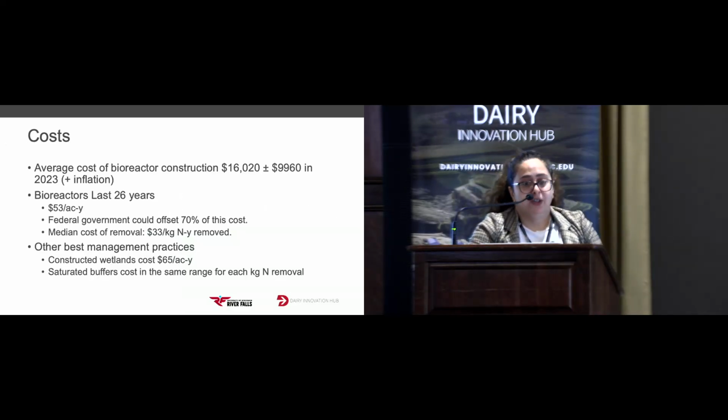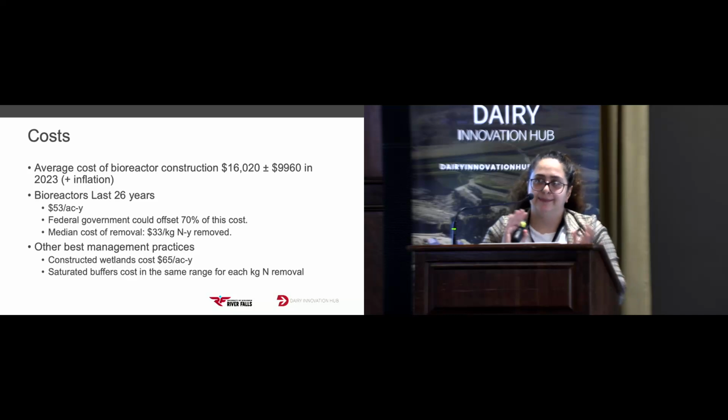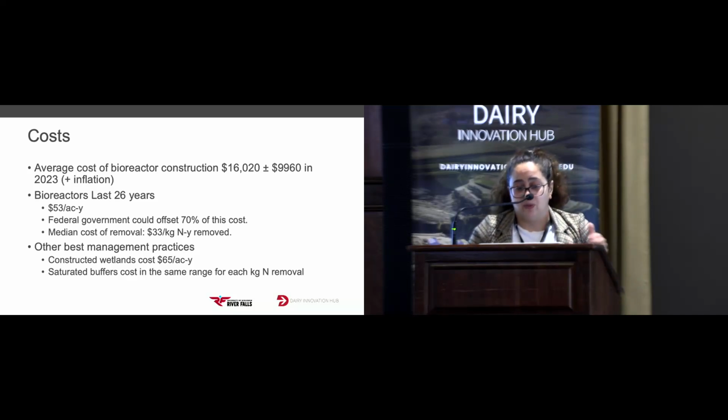The cost of these reactors, when we were building it in 2023, when you look at the resources, is about 16K plus or minus 10K, which is quite a lot for farmers to be able to handle. They last about 26 years, so about $53 per acre per year.